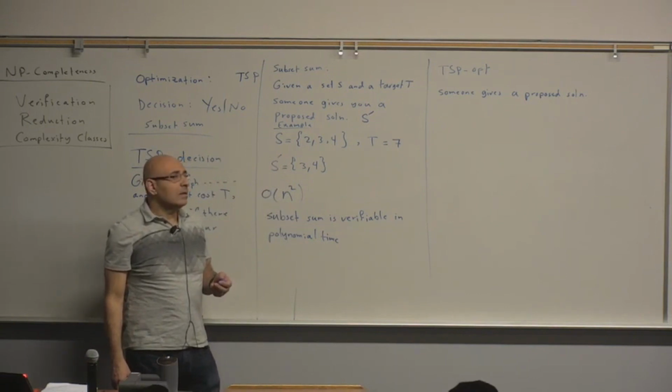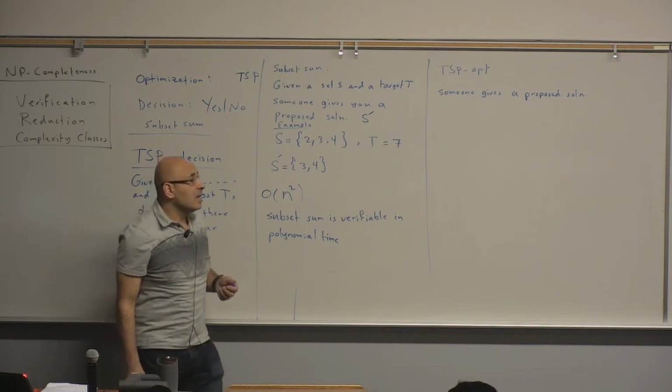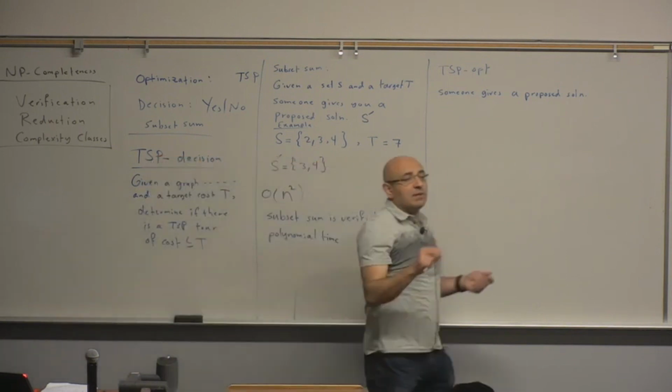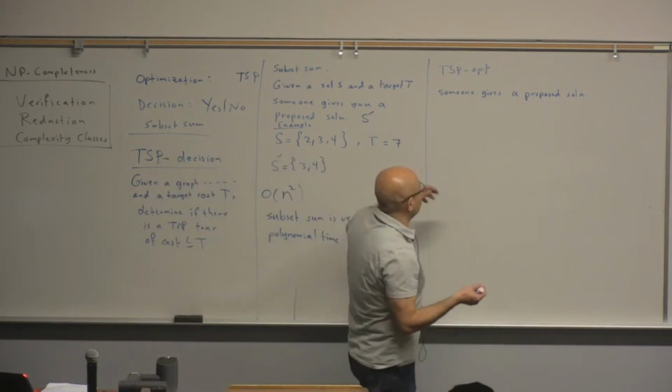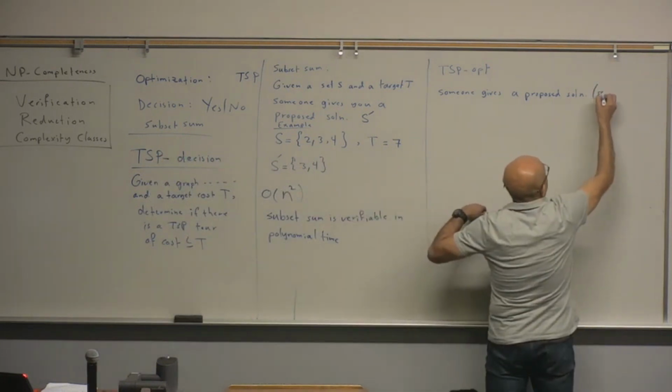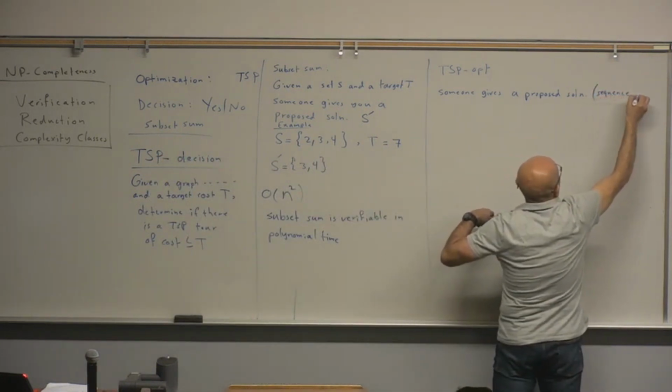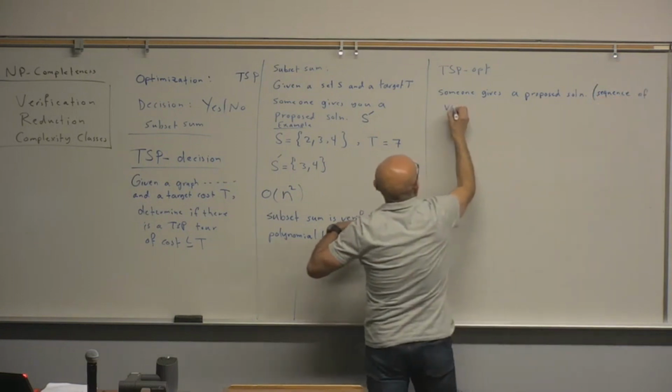A tree. It's a cycle, right? So they have to give you a sequence of vertices. What's a cycle? A sequence of vertices.